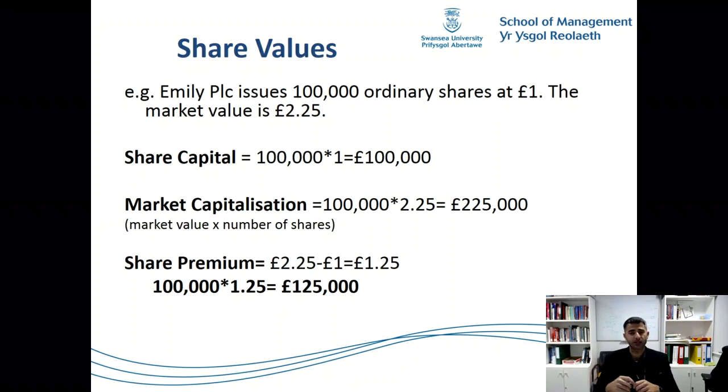You need to multiply it by 100,000 shares. And that comes with £125,000. Can you see, if you add up the £125,000, the share premium, plus the £100,000, the share capital, so that equals £225,000, which is the market value or the market capitalization. Okay.